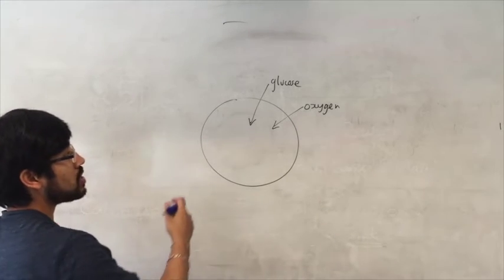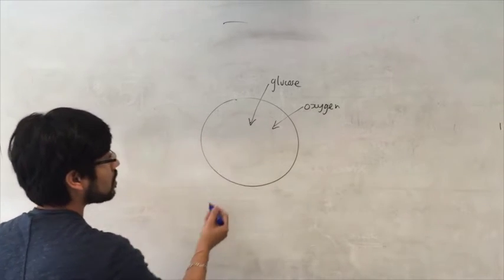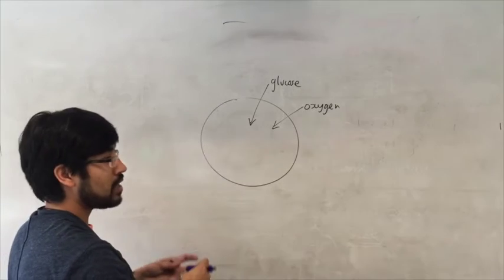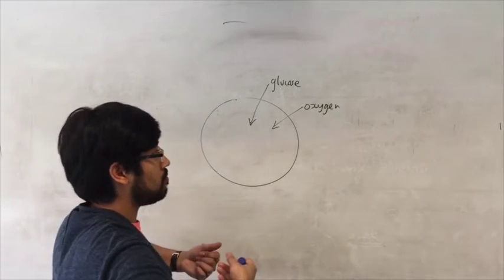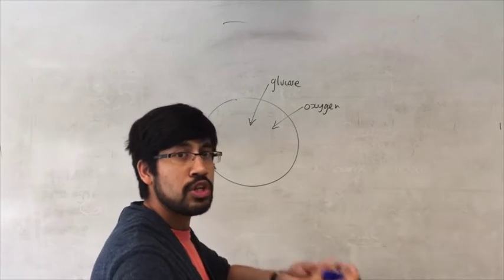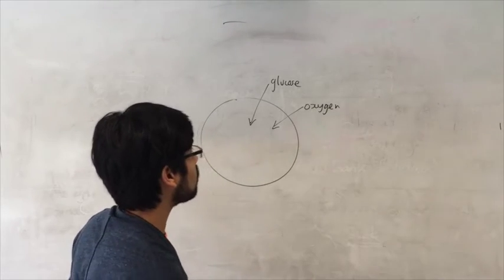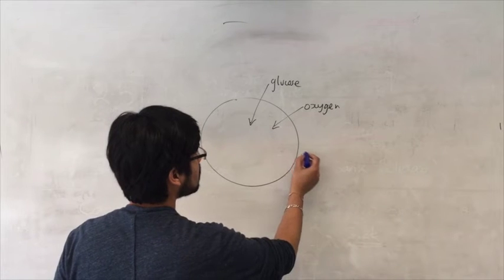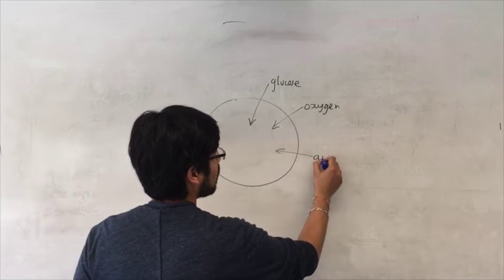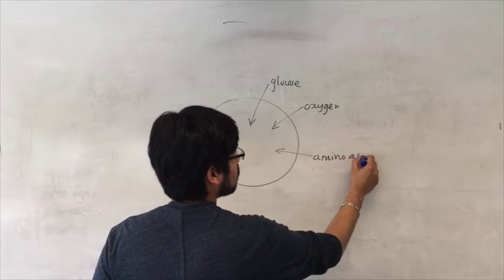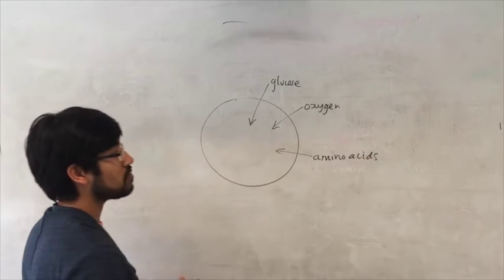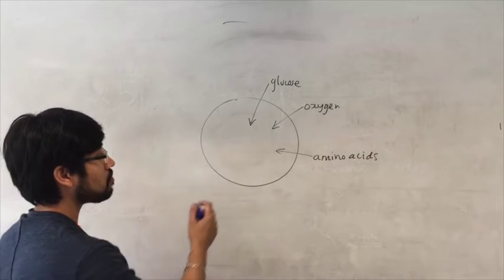Now you also need to think about, if this cell is going to grow, and if this cell is going to produce its organelles, produce its enzymes, it needs to be able to build proteins. So if it wants to build proteins, it needs to get things like amino acids from the environment.